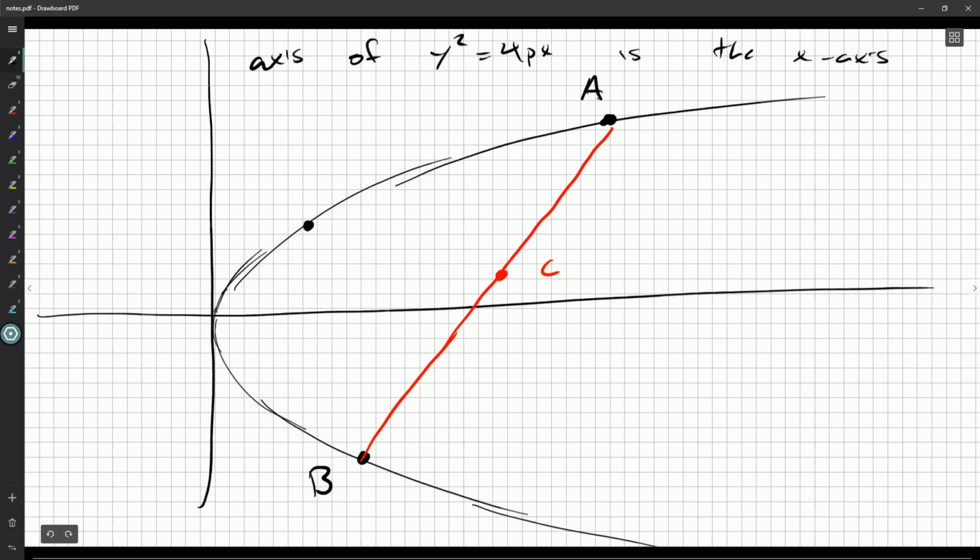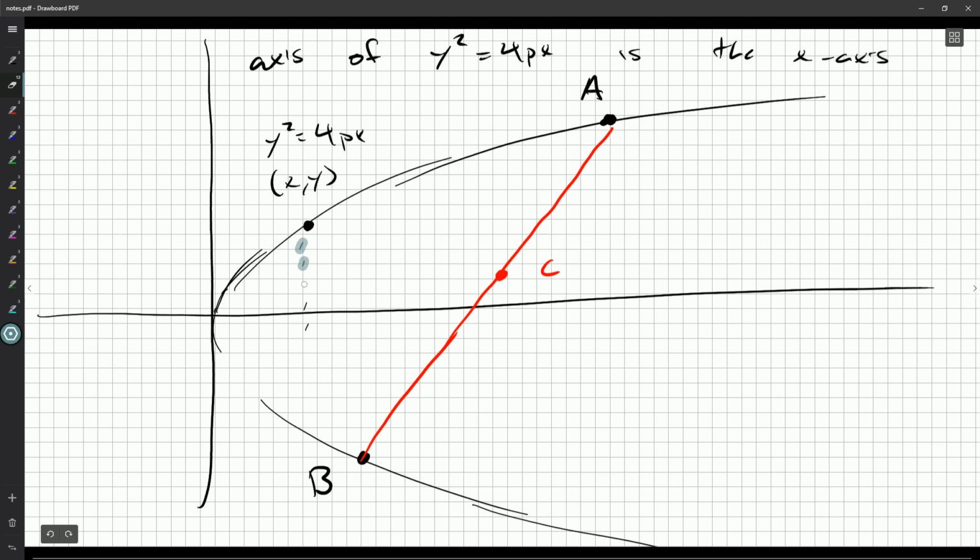So if I've got a solution here, x, y, then I know y squared is equal to 4px. Can I think of another solution with that same x value? Absolutely, x, minus y, because that will still solve this expression, because minus y squared and y squared are the same. So you can see the whole thing's sort of symmetric, same distance to the x-axis. So the whole parabola is symmetric about the x-axis.